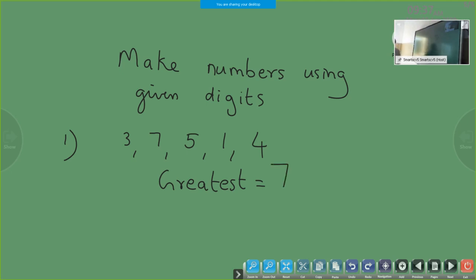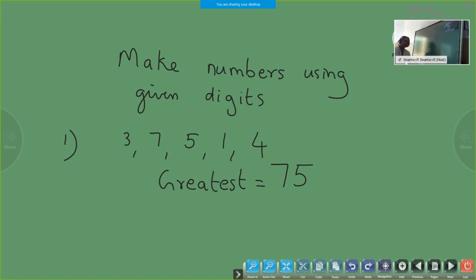Now the next greatest digit comes as the next digit, which is 5. So to find out the greatest number, you have to arrange the digits in descending order. Make sure of that.